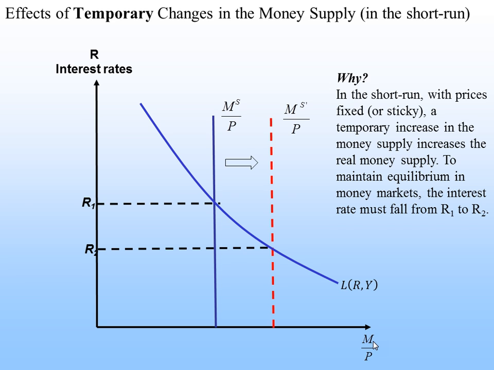If we stay at R1, money markets will be out of equilibrium. We have more real money supply than real aggregate money demand. So to keep real aggregate money supply equal to real aggregate money demand, the interest rate has to fall. And we move along the money demand curve down here to a new lower interest rate. That's why interest rates have to fall.